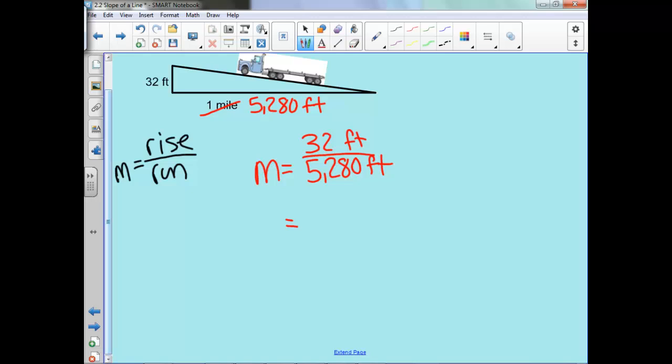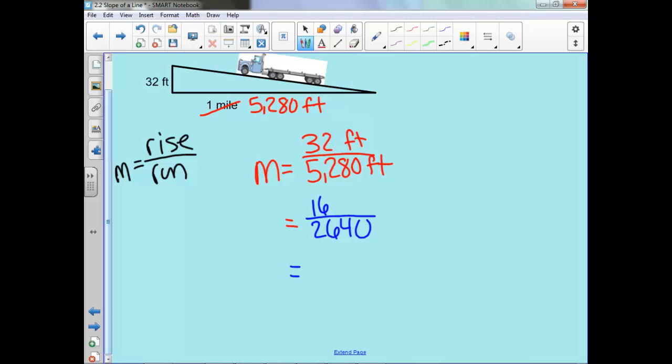So we now have to reduce this. We can divide them both by 2, which I always find it easy to start with the simple number. So we notice they're both even, we can divide by 2. 32 divided by 2 is 16. 5,280 divided by 2 is 2640.